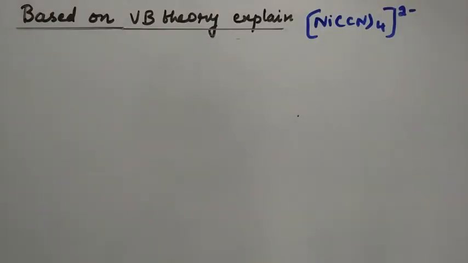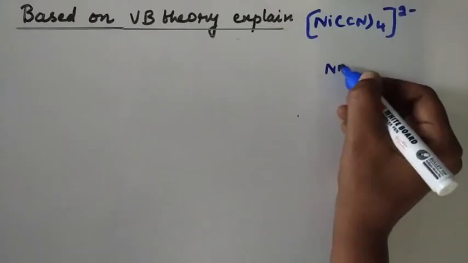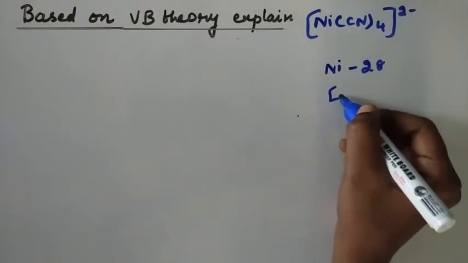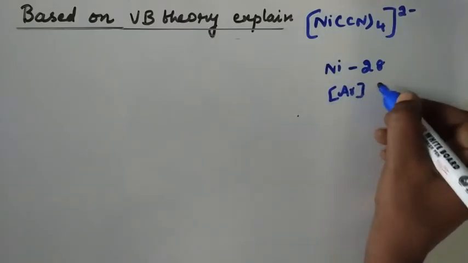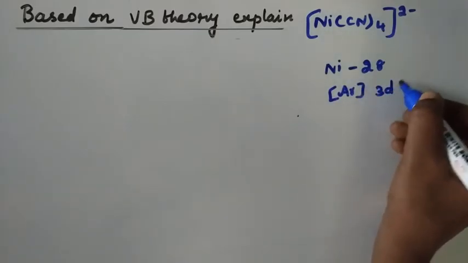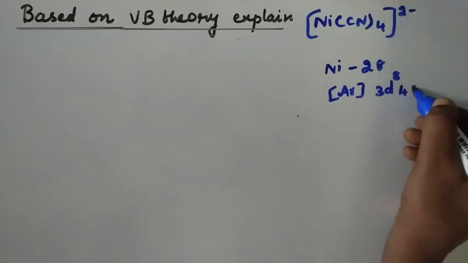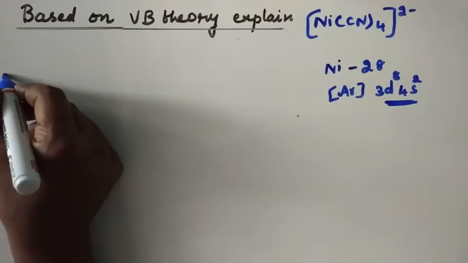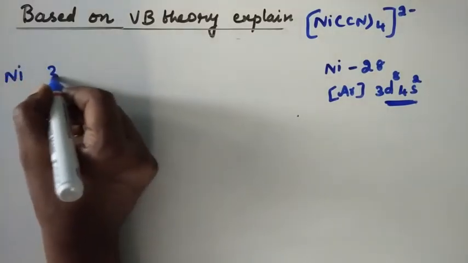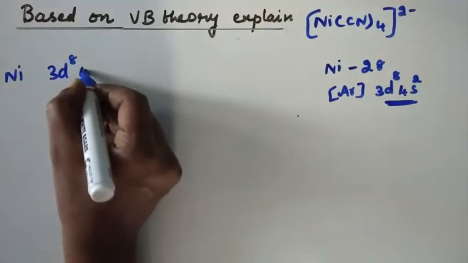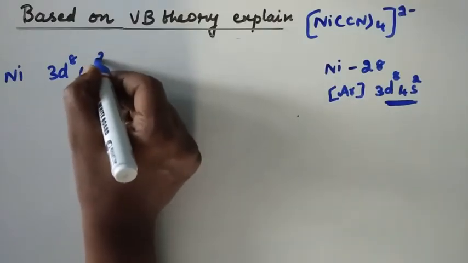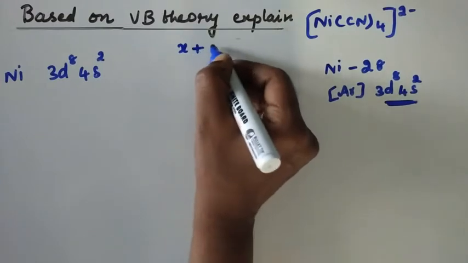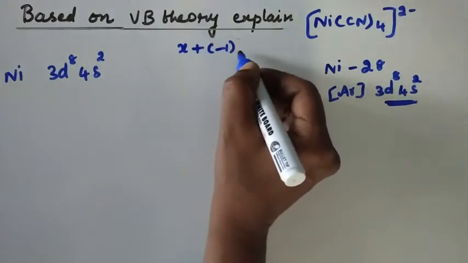[Ni(CN)4]2-. The metal atom nickel has an atomic number of 28. So the electronic configuration is [Ar] 3d8 4s2. So the outer electronic configuration for nickel is 3d8 4s2. Find the oxidation number for nickel. X plus, for cyanide the oxidation number is -1.